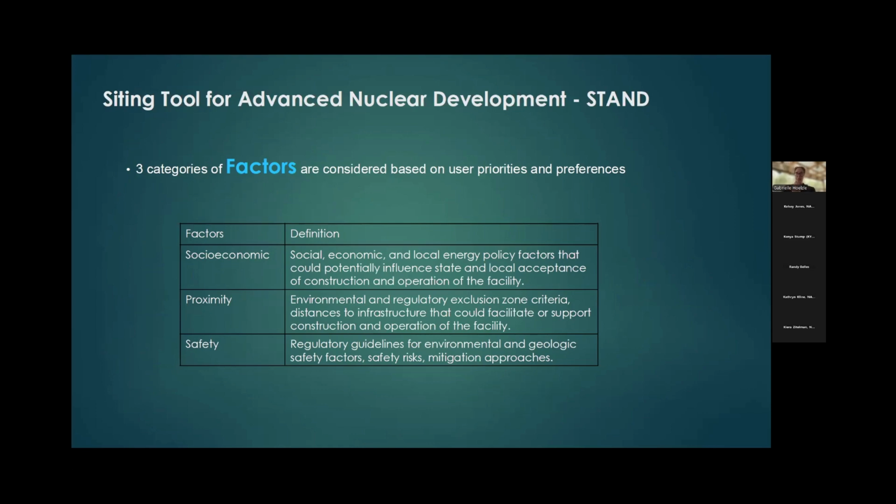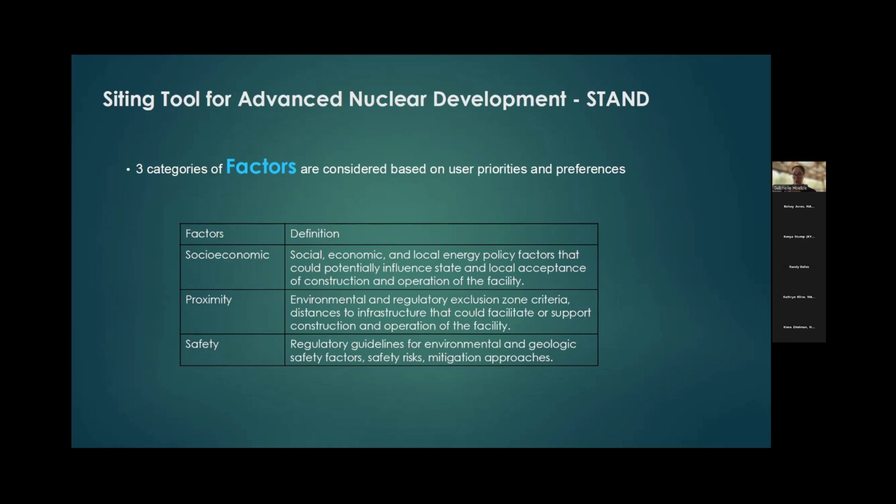Okay, so a little bit more deep here. There are 3 factors that we consider when we're looking at STAND: socioeconomic factors, proximity factors, and safety factors. Socioeconomic factors could be like local energy policy, community acceptance of nuclear, labor rates.